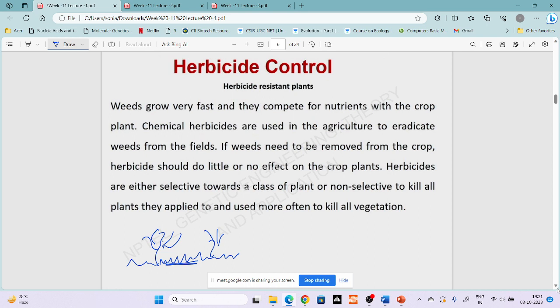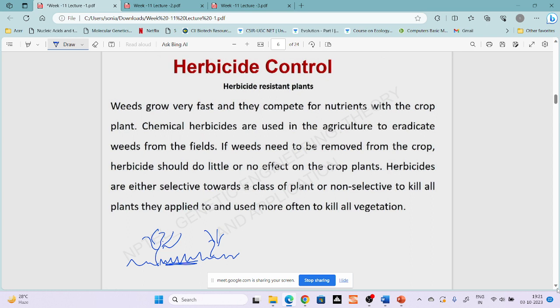These herbicides are not just selective for these weeds. They are selective to a class of plants, or they can be non-selective and kill all the plants. If I spray herbicide over this area, herbicides are the chemicals that kill the weeds, the herbs.